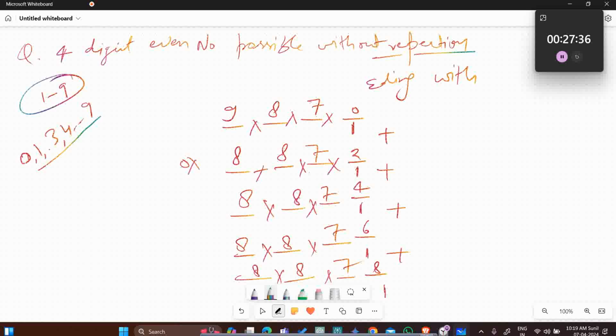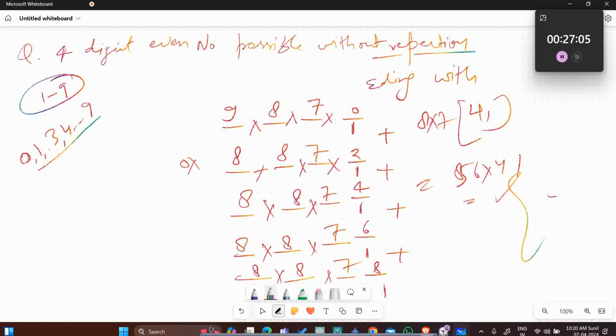So the answer would be like: we can take common 8 into 7 here, and how many are left, 9, 8, 32 plus 9 is 41, and it would be like 56 into 41 is equal to what? Anything you would say, and this is the answer only.